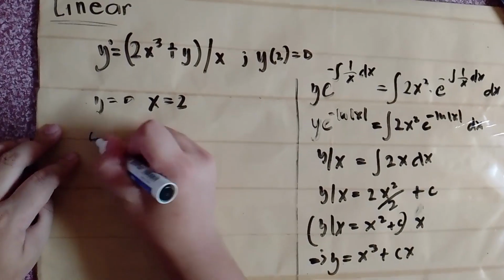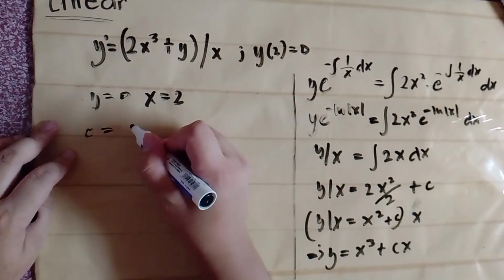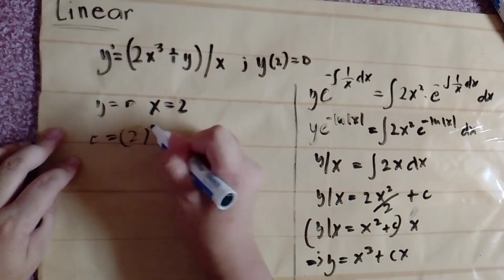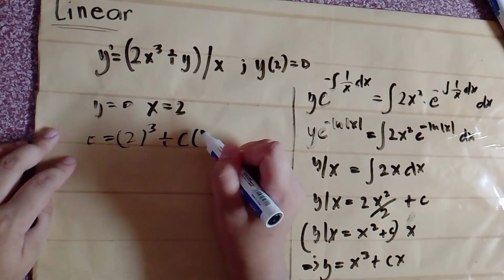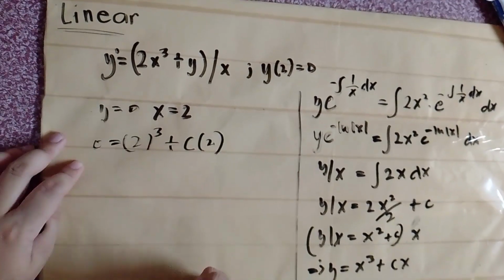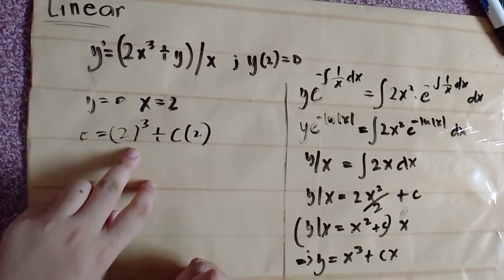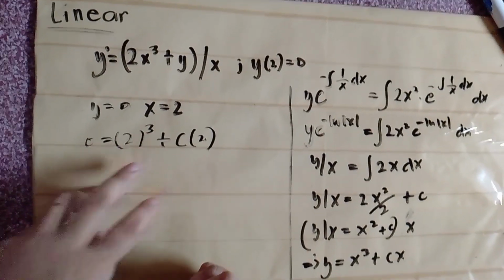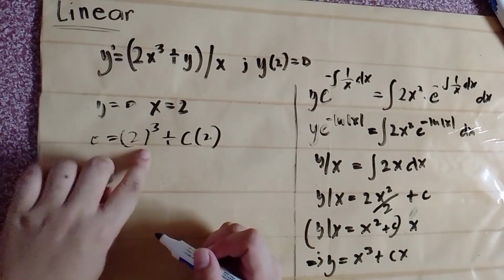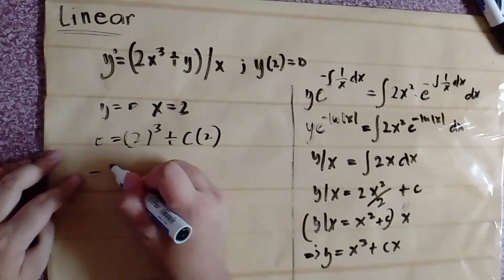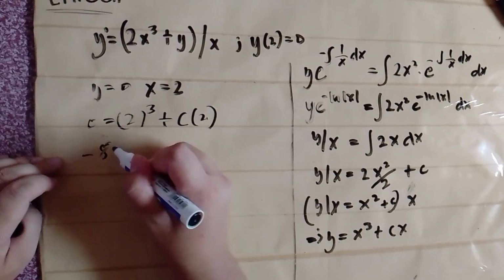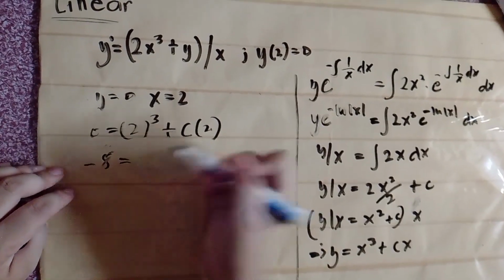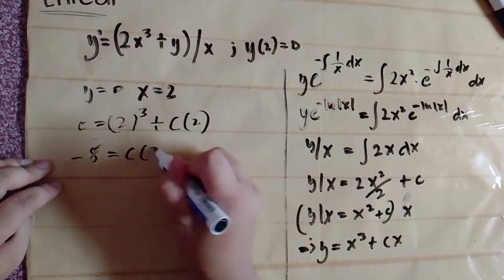So y is 0 and our x is 2 raised to 3 plus c times the value of x, which is 2. We have 2 raised to 3 is 8, so we move it to the other side, becoming negative 8 is equal to 2c.